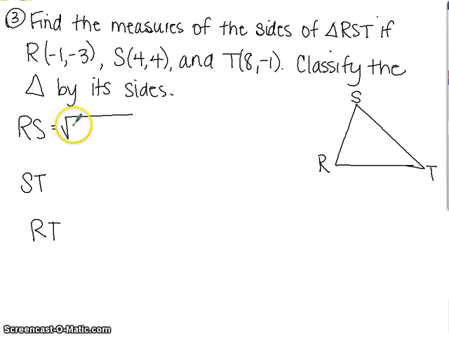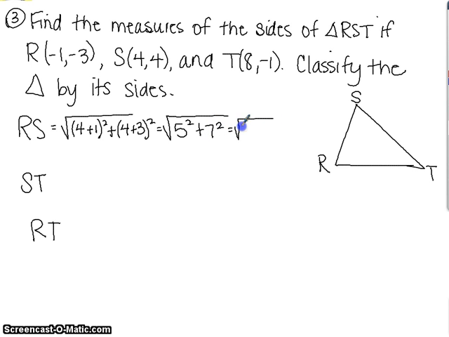RS, so we have 4 turns into a +1 squared. 4 turns into a +3 squared. So that is 5 squared plus 7 squared. So 25 plus 49. So it looks like it is going to be the square root of 74.